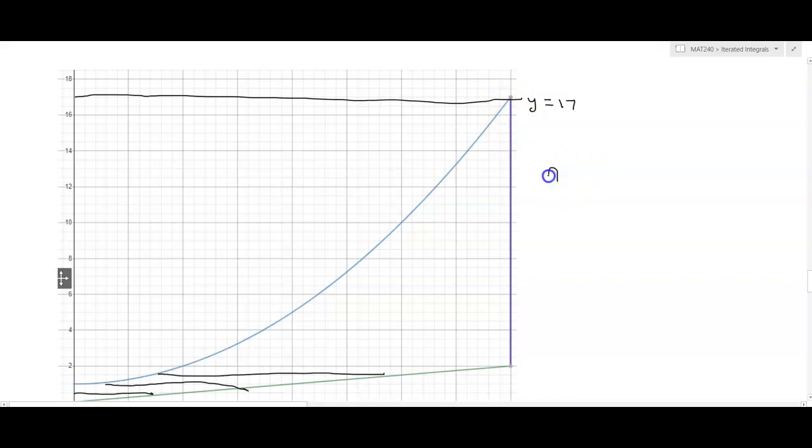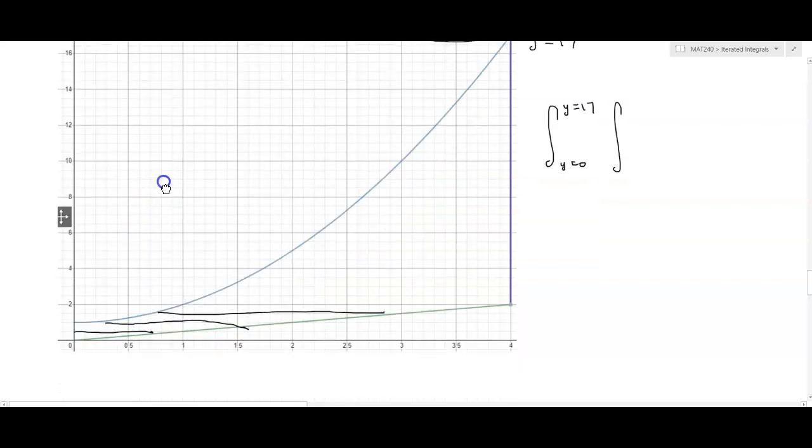So our integral here would go from y equals 0 to y equals 17, but our inner integral is going to have to go from the beginning value of x to the ending value of x. Now the challenge with this one, and the reason why it's important to know how to do dy dx and dx dy, is where we start kind of depends on where we are.